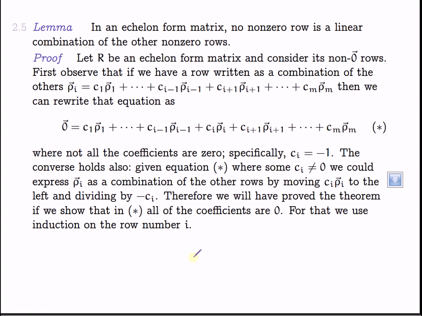And we're going to do induction on the row number I. In other words, we're going to prove first of all that the first row is not a linear combination of the other rows, and then we're going to prove subsequent rows by induction on that result.